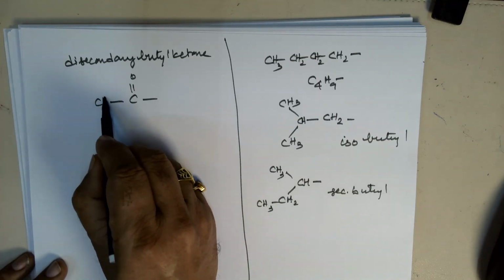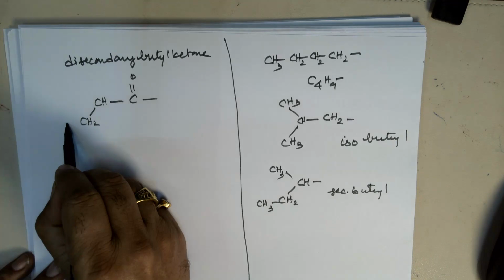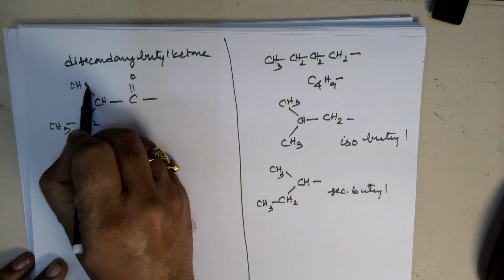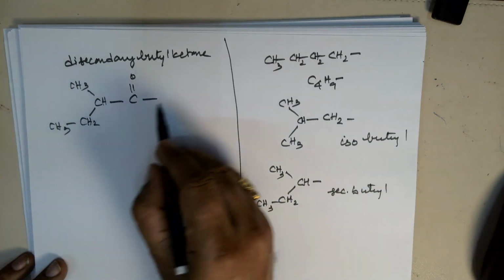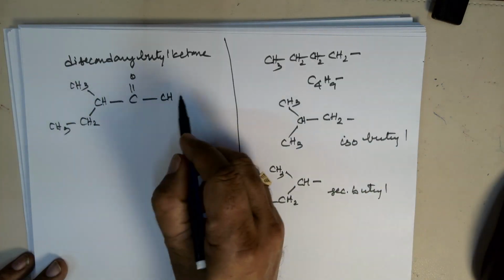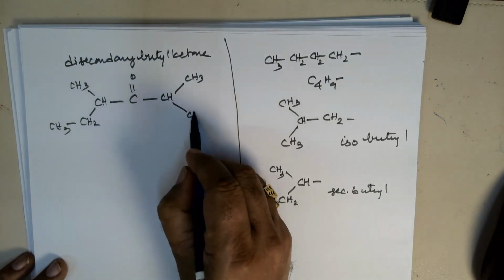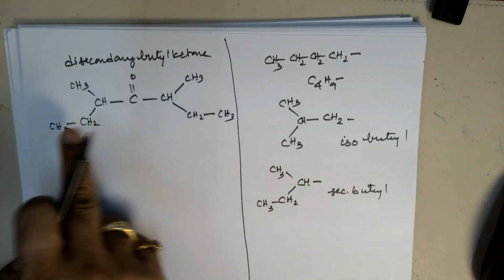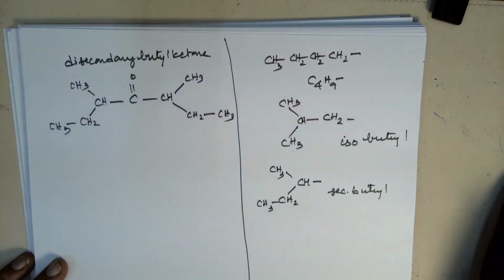So you can put CH and draw the CH2, CH, and here CH3. Then similarly you have CH and CH3, CH2, CH3. So di-secondary butyl ketone.